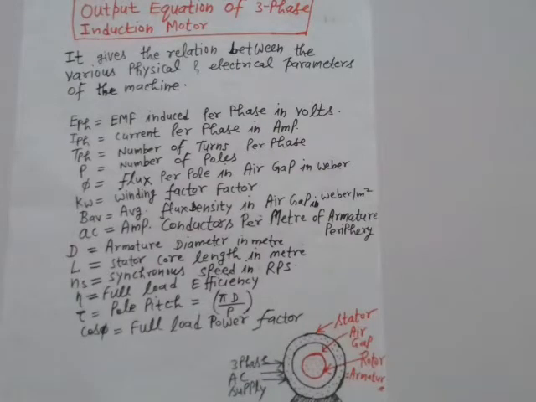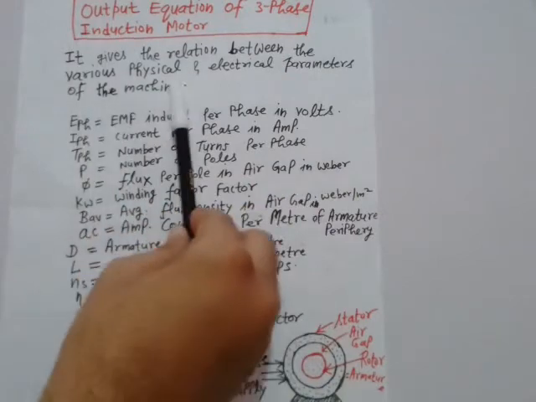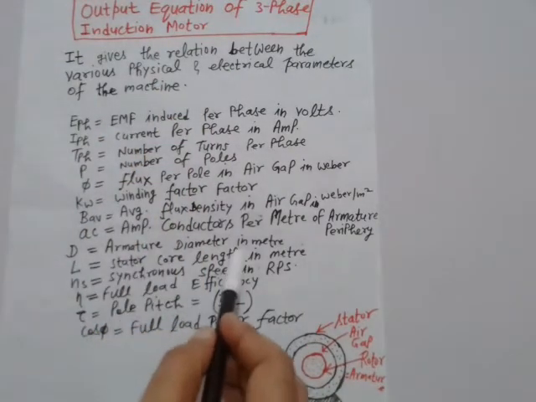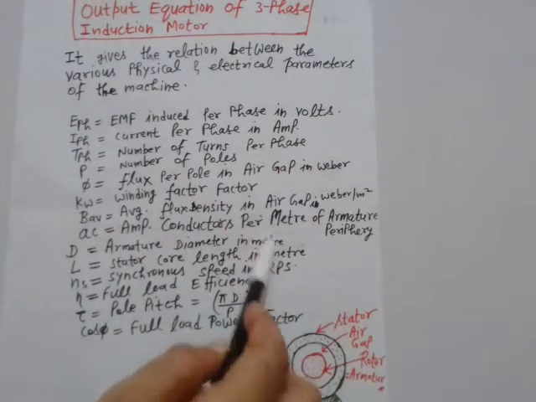Now what is the output equation? Output equation gives the relation between the various physical and electrical parameters of the machine. Physical parameters mean the diameter of armature D and the length of the core L, both in meters.